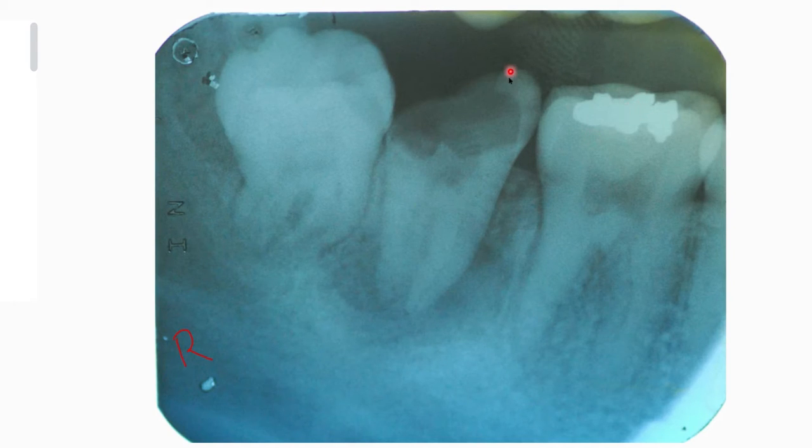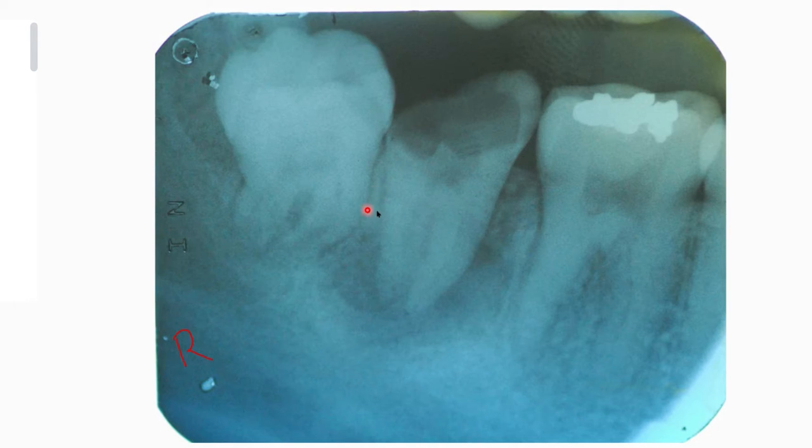Coming to the second molar. In the second molar, you're seeing an ill-defined radiolucency, or a near complete loss of coronal tooth structure with radiolucency involving enamel, dentine and pulp in the crown of this tooth. Then there is loss of lamina dura, loss of periodontal space.